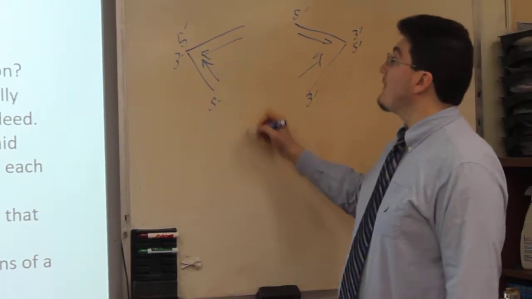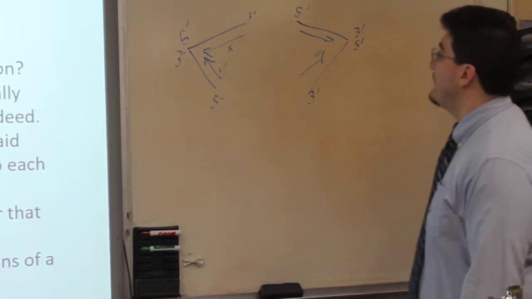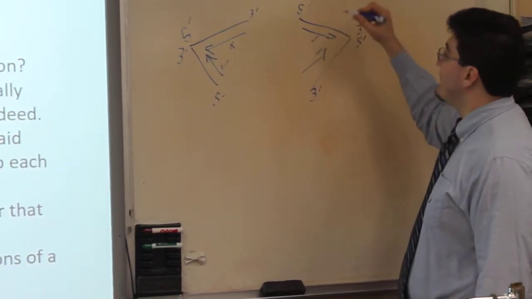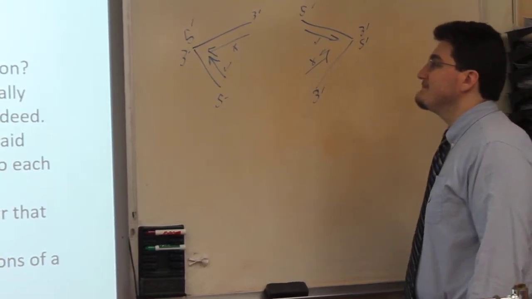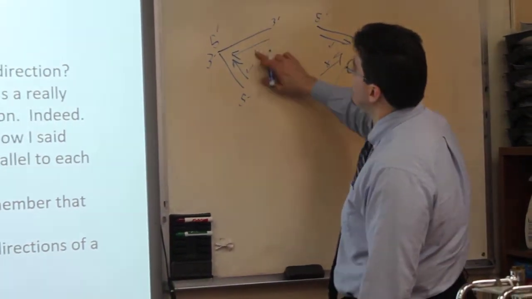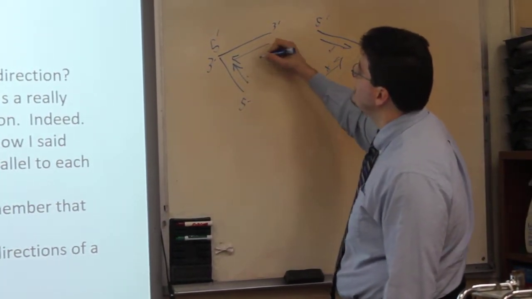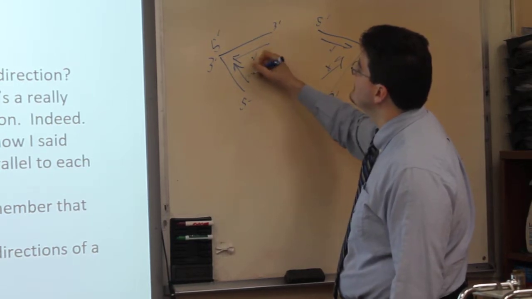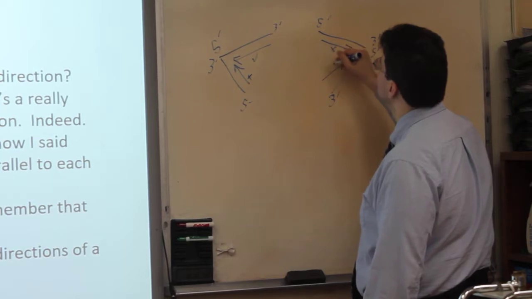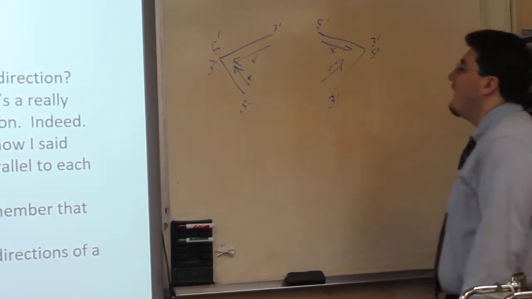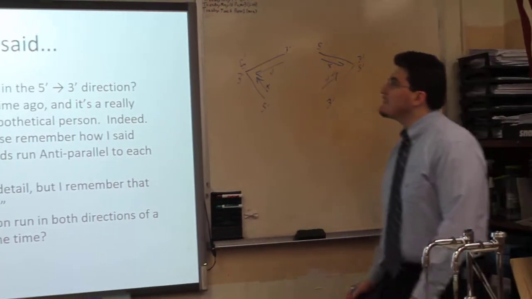Because this one works. This one does not work. This one works. This one does not work. Oh, I take that back, hold on. DNA is formed 5' to 3', so this one would work. Backwards. How are you going to do that? Well, I have an answer for that too.